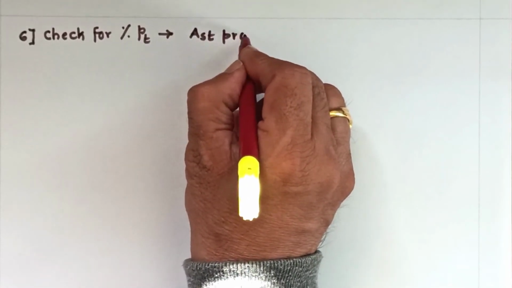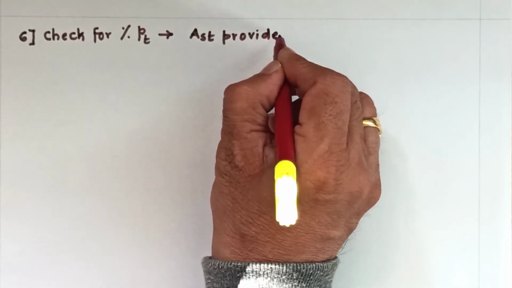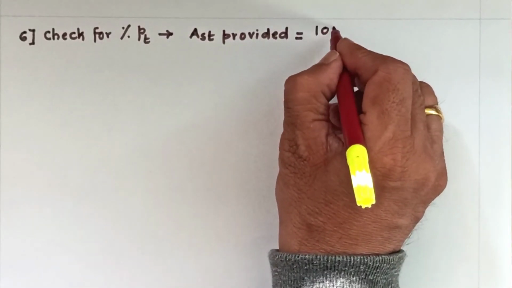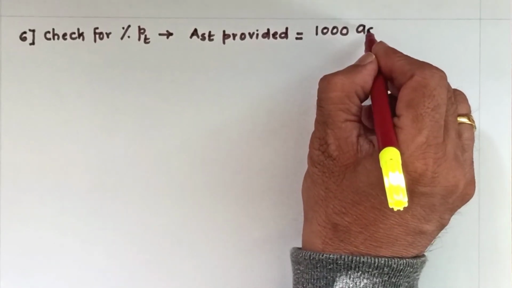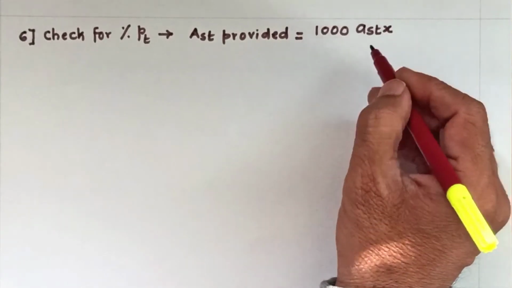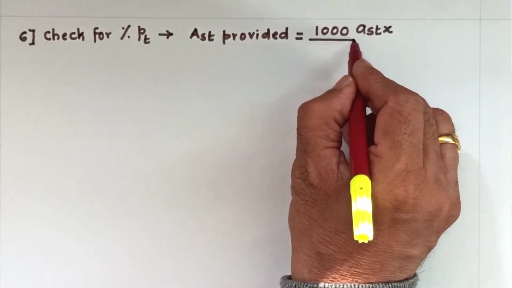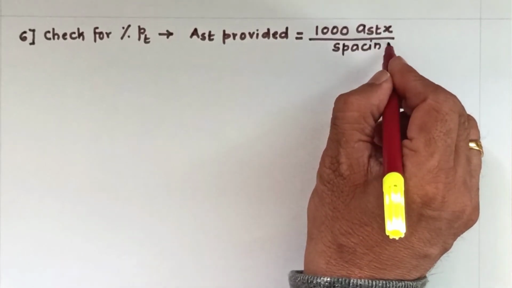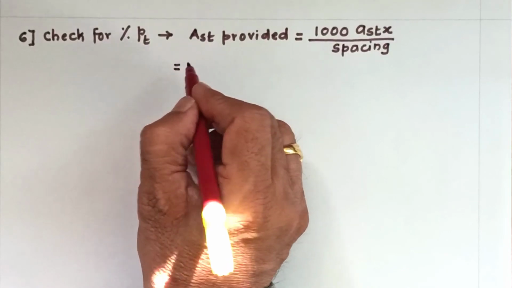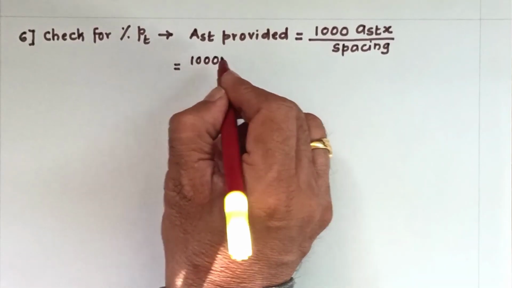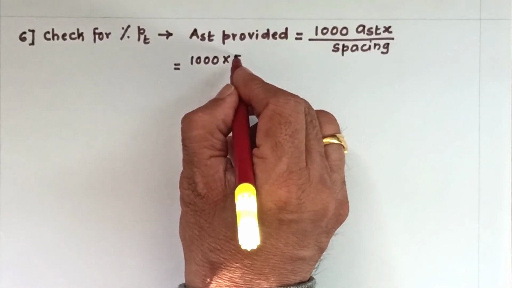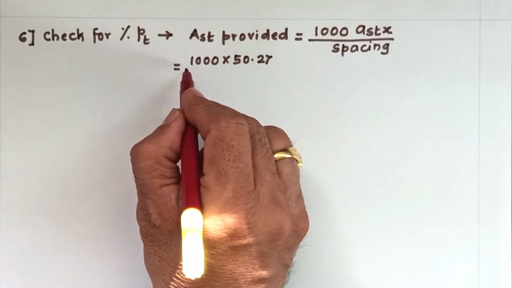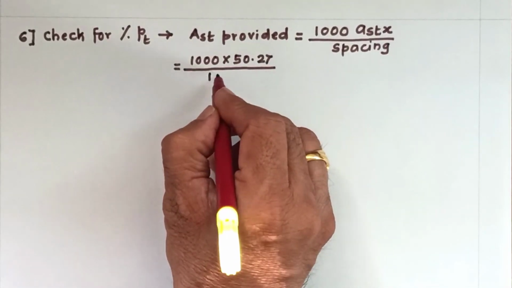AST provided is equal to 1000 into ASTX, the area of one bar provided along X, that is the short span, divided by spacing, which is 1000 into ASTX for an 8 mm bar, 50.27, and the spacing along the short span is 105.